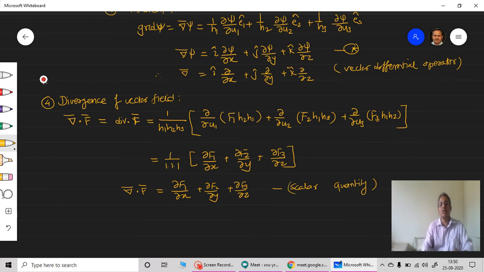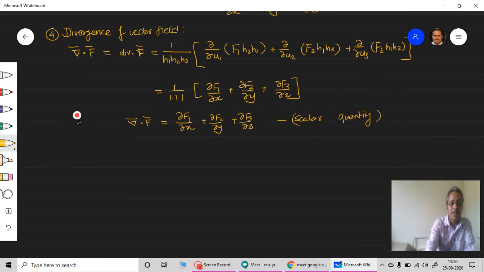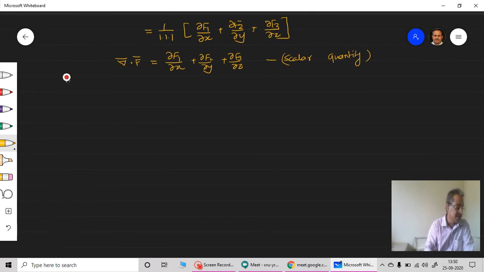So the divergence of a vector field is this, whereas the gradient is going to be a vector quantity. The divergence of a vector point function is going to be a scalar quantity. That is known to us. Again, as I said, no need to repeat or prove this because we knew all these things earlier.